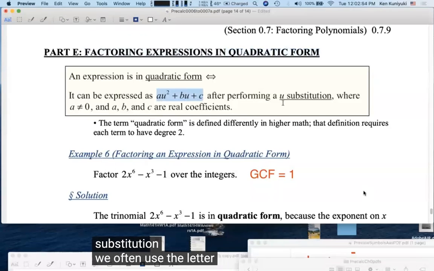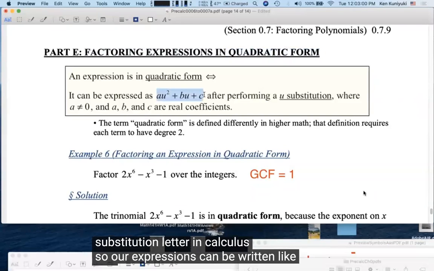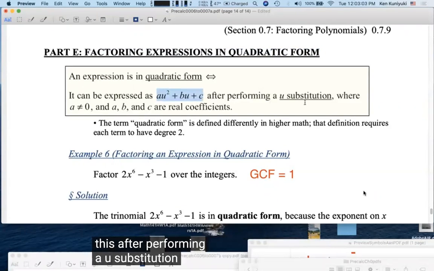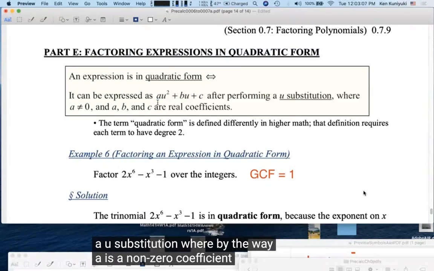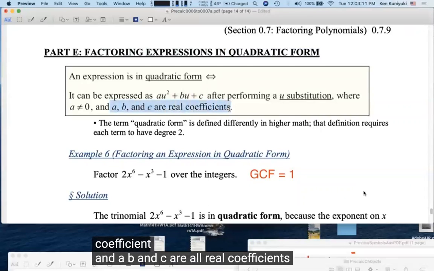We often use the letter U as a substitution letter in calculus. So our expressions can be written like this after performing a U substitution, where, by the way, A is a non-zero leading coefficient, and A, B, and C are all real coefficients.